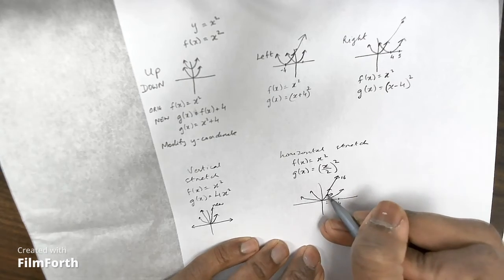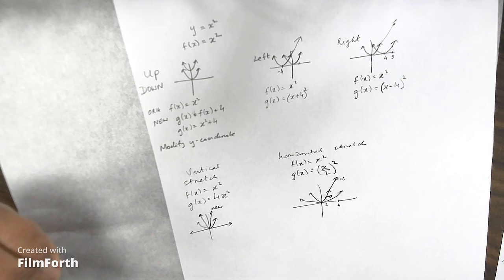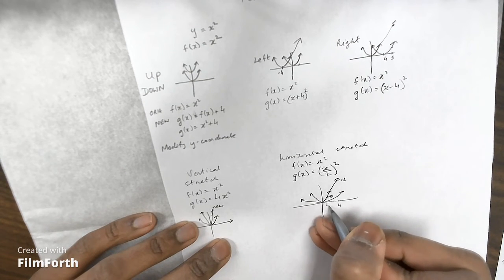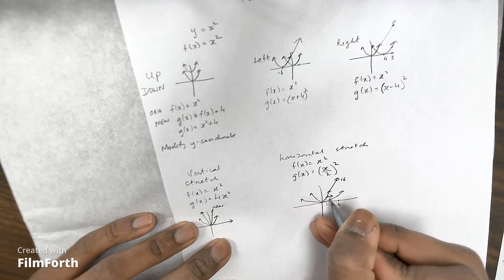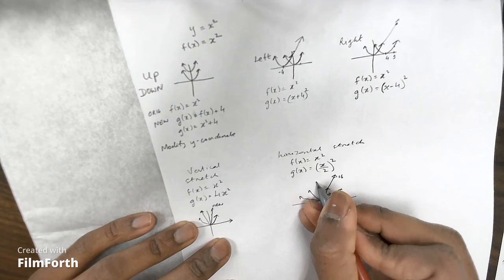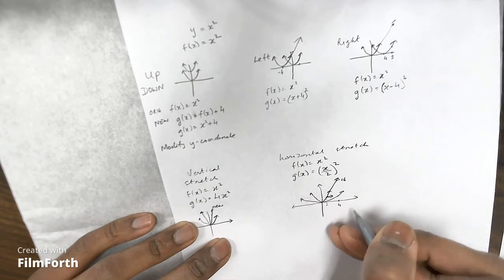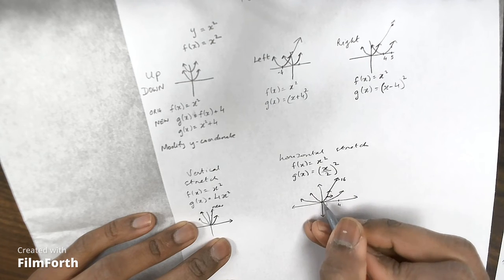So you can think of it as you're reducing the x coordinate to stretch it. And you notice my arrow is saying I'm moving the point away from the y-axis. So for the horizontal stretch, you are moving the point away from the y-axis.